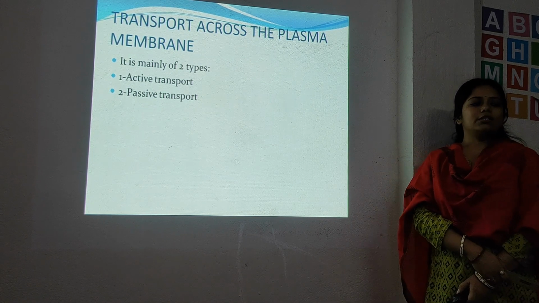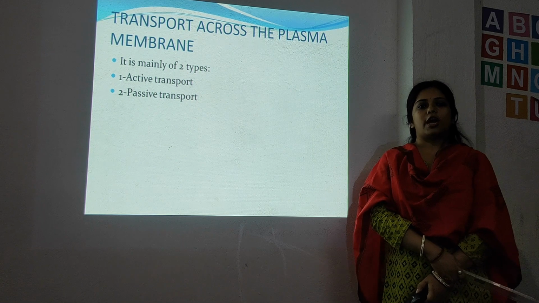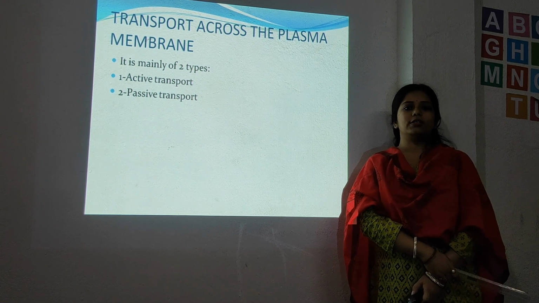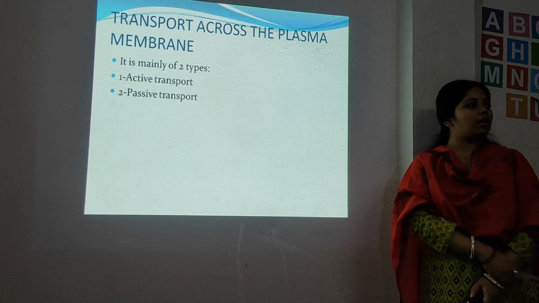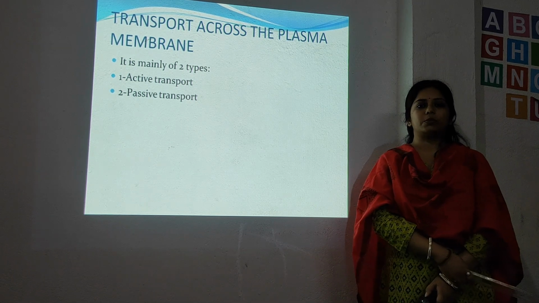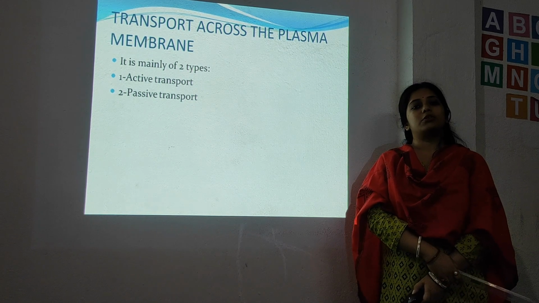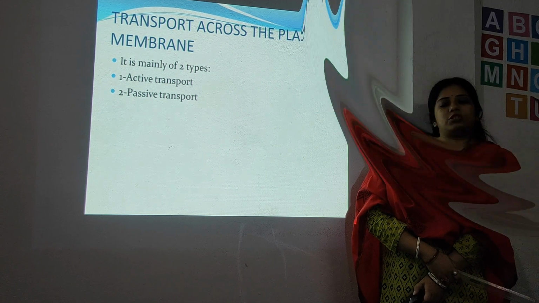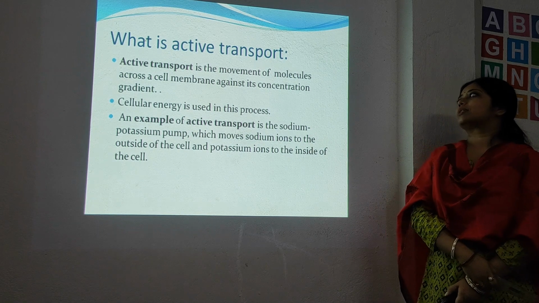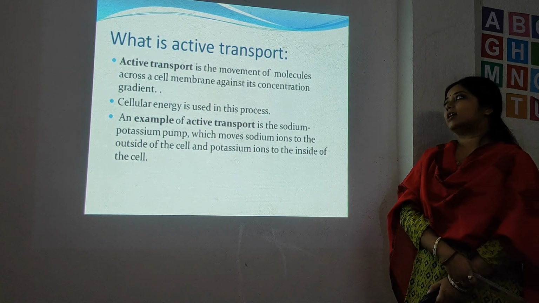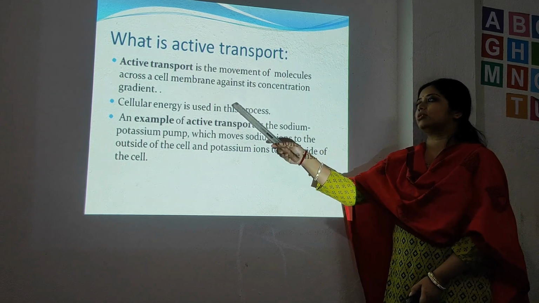So what are the different types of transport across the membrane? Mainly it is of two types: active transport and passive transport. Active transport is the movement of molecules across a cell membrane against their concentration gradient.